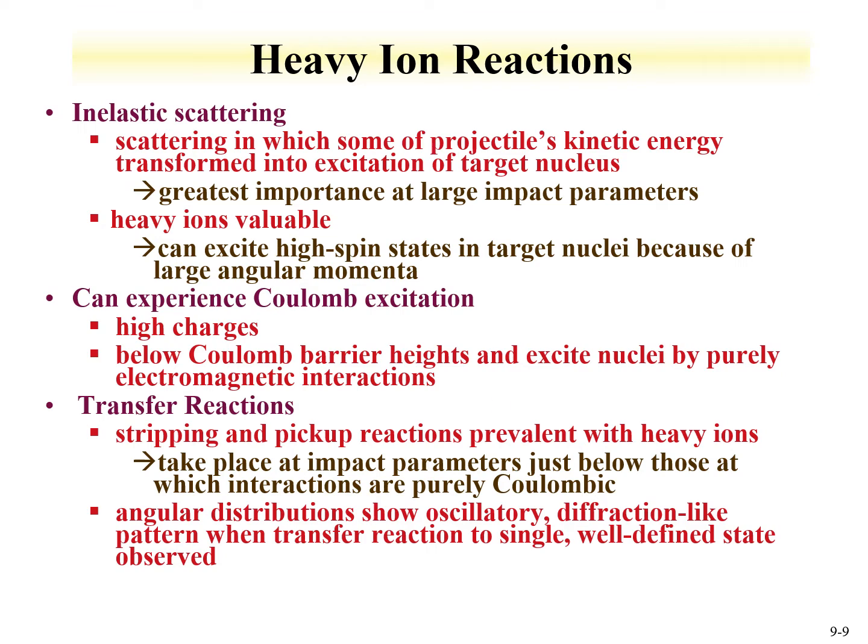These can take place when impact parameters are just below those at which purely Coulombic interactions occur. Some of the results can be measured with angular distributions, which show diffraction-like patterns when transfer to a single well-defined state is observed. So you can get information about nuclear states from the behavior of these transfer reactions.